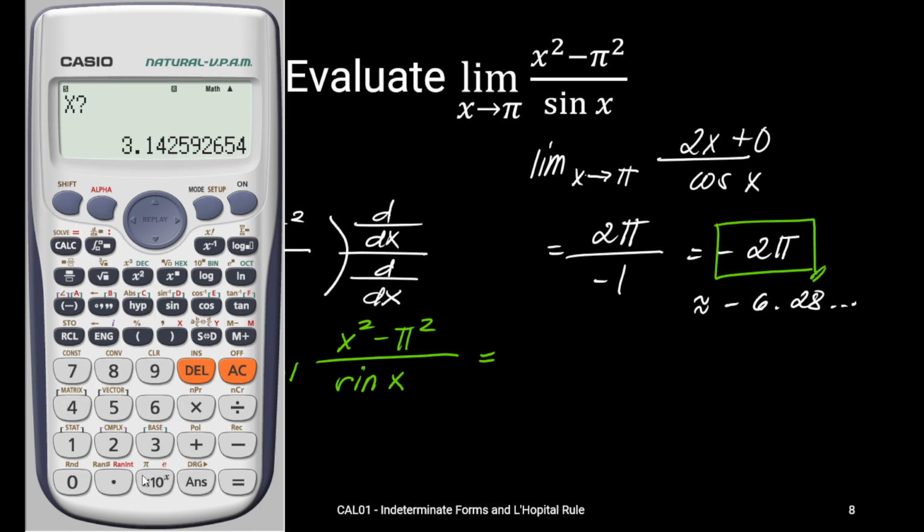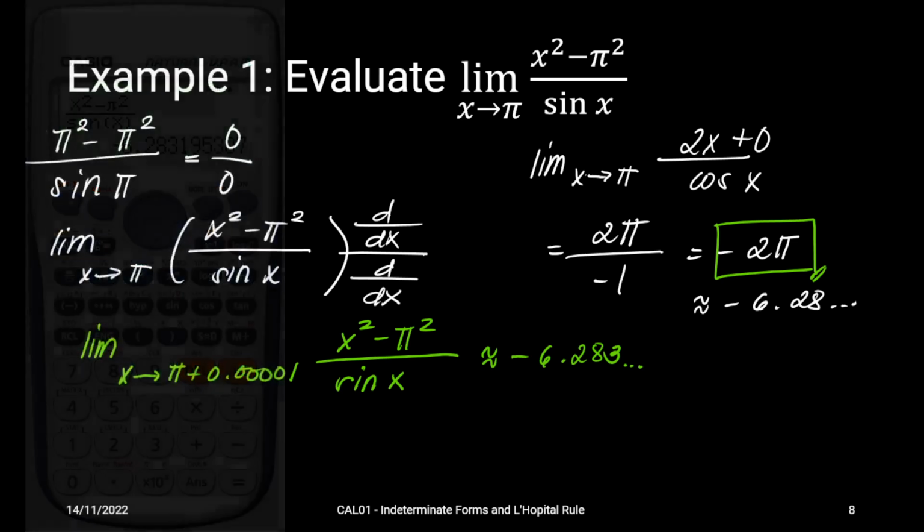Then we have pi plus 0.0001 equals, ayan. So we have negative 6.283. So nearly negative 2 pi. So yun yung proof natin for L'Hopital's theorem.